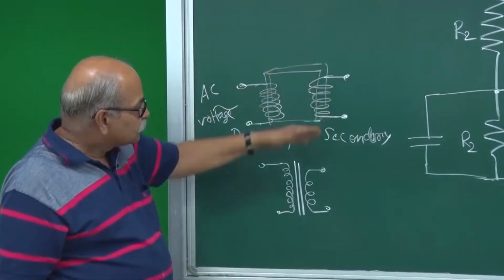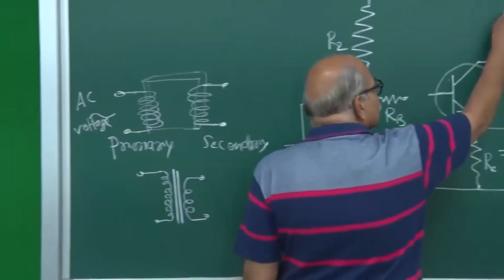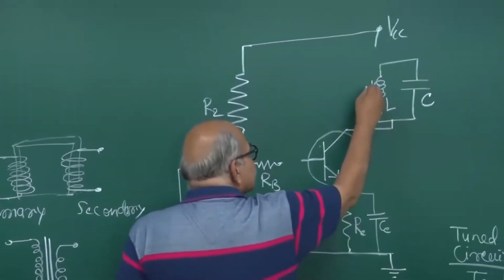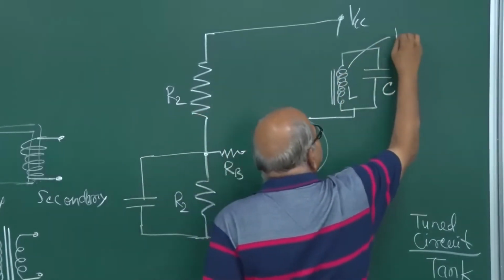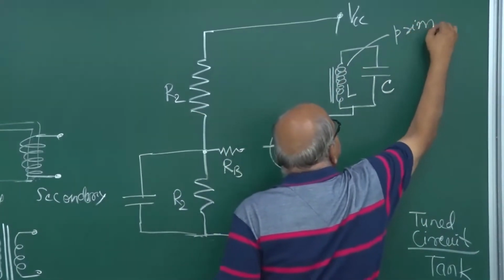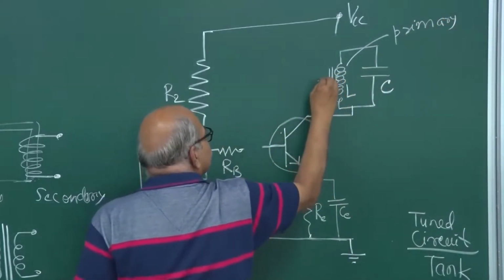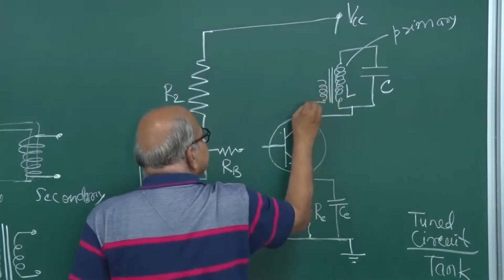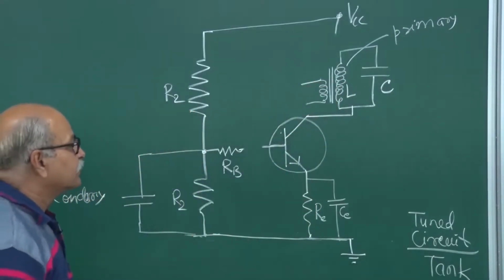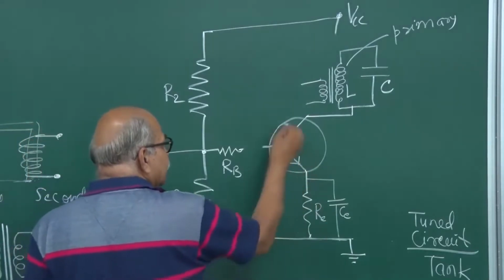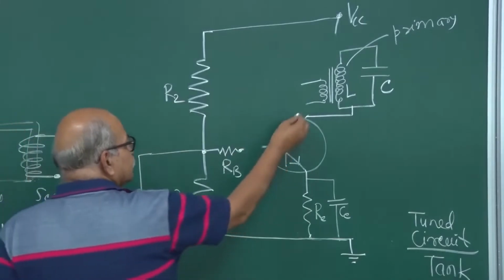So that is the symbol. So we put the symbol here, this is that transformer primary, and then you have the secondary, and the number of turns you can decide, and also the way these windings are done. And this you can collect in this base circuit.